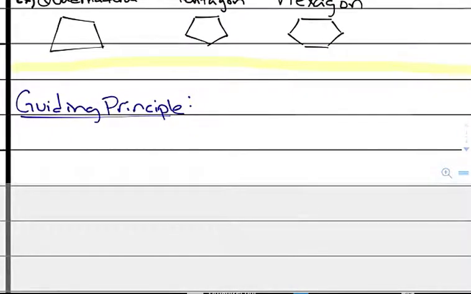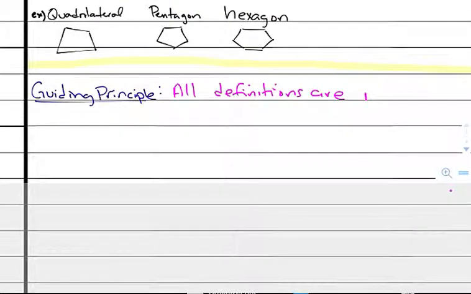And the guiding principle for this type of work is this: all definitions are malleable. Now the term malleable basically means that they're changeable. And so no matter what you see here in the next few minutes, or what maybe you saw in class the last couple of days, know that those definitions can change.